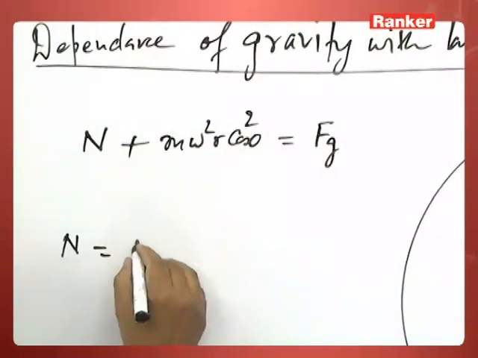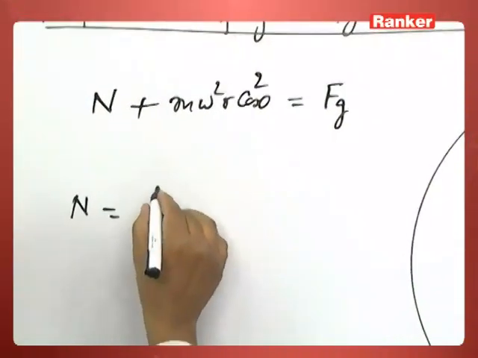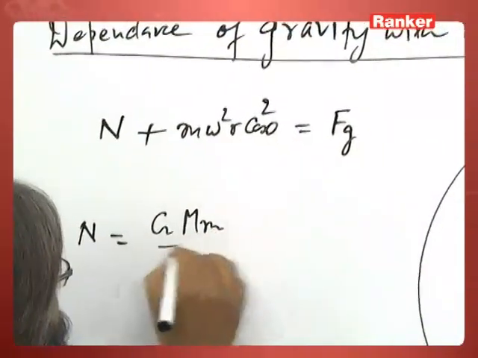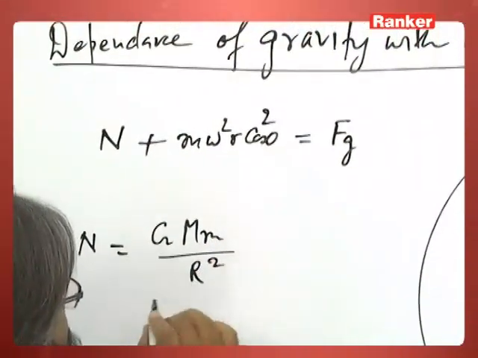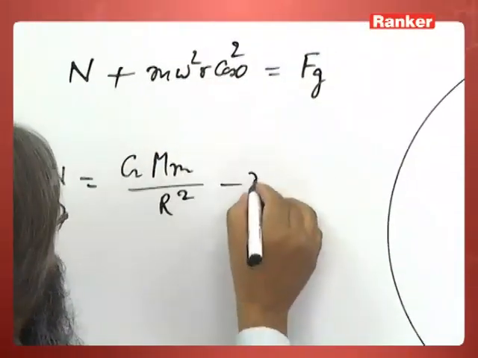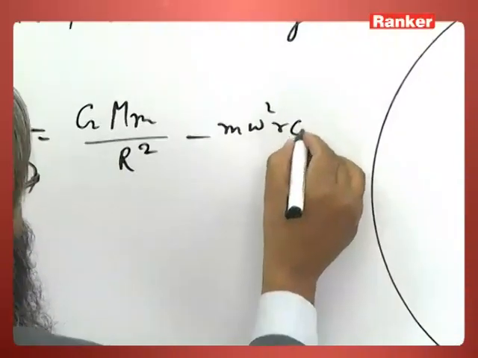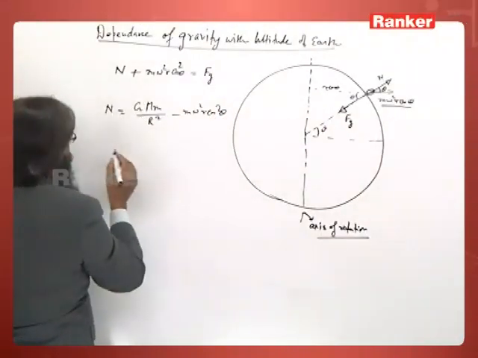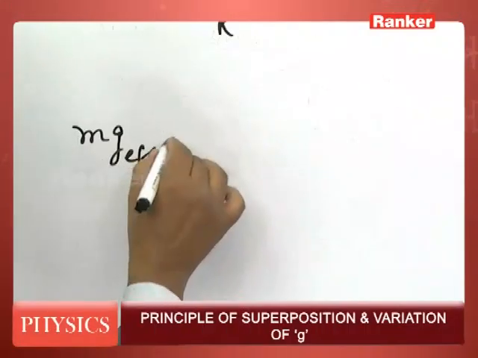So force due to gravity is here G times mass m by radius of earth whole square, and then it will be minus m omega square r cos square theta. Now suppose N is the normal reaction, what we feel is mass times the effective gravity.